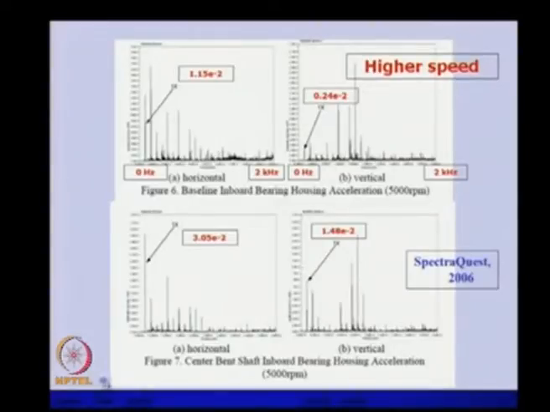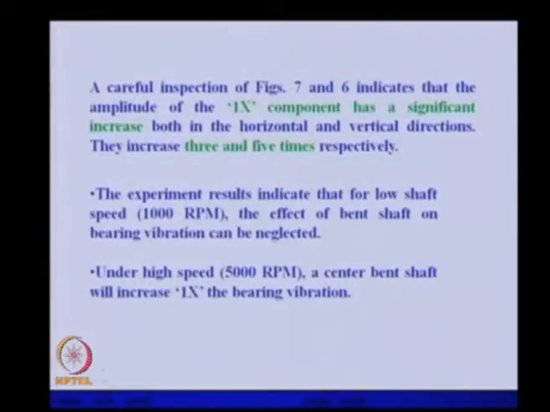A careful inspection of the previous two figures indicates that the 1x amplitude, that is the rotational speed component, has a significant increase in both the horizontal and vertical directions. They increase 3 to 4 times respectively.